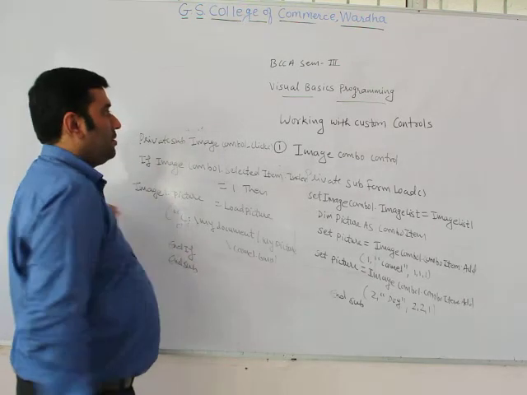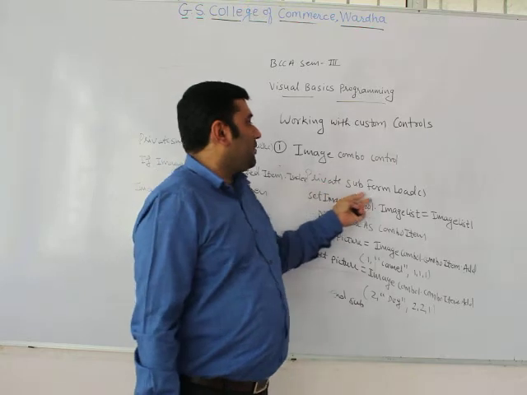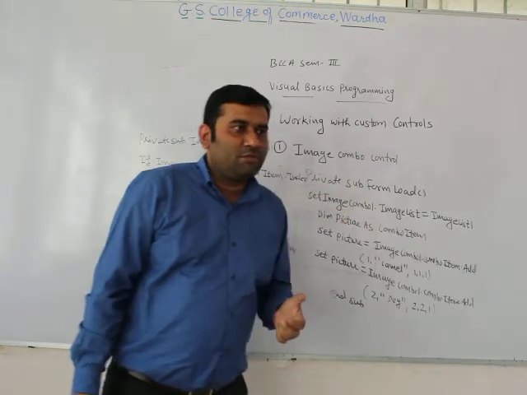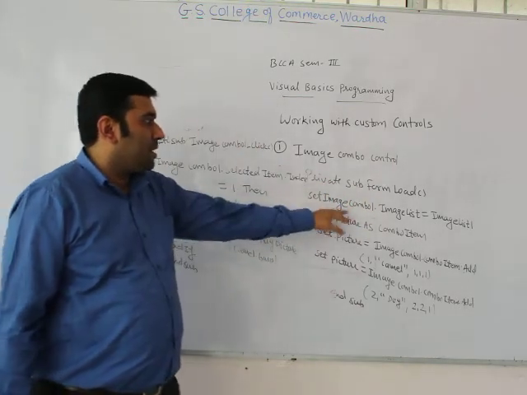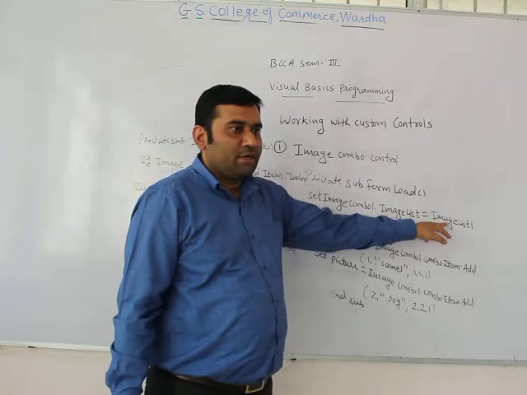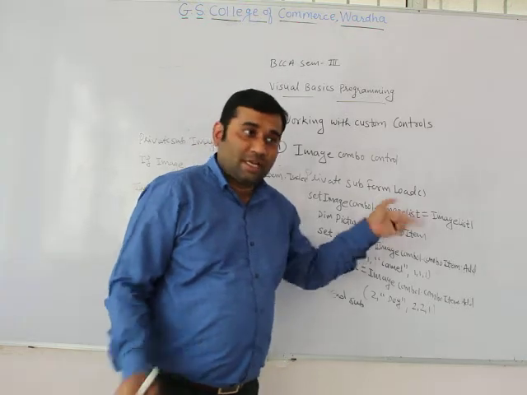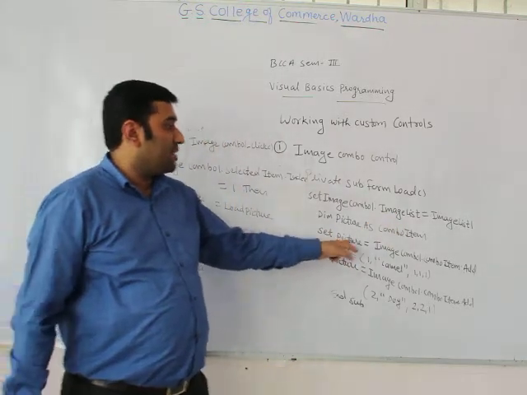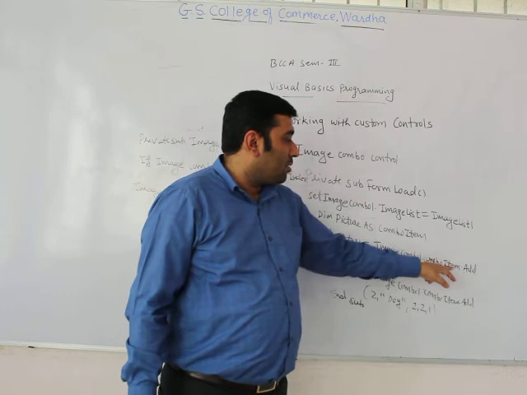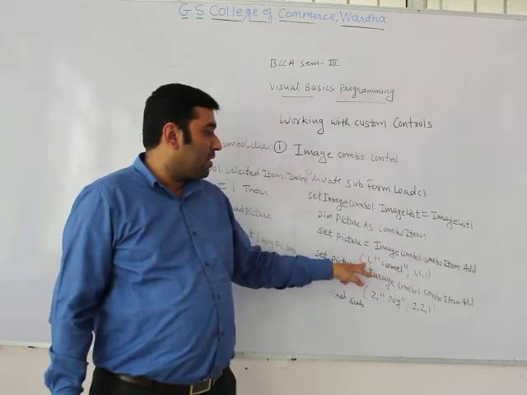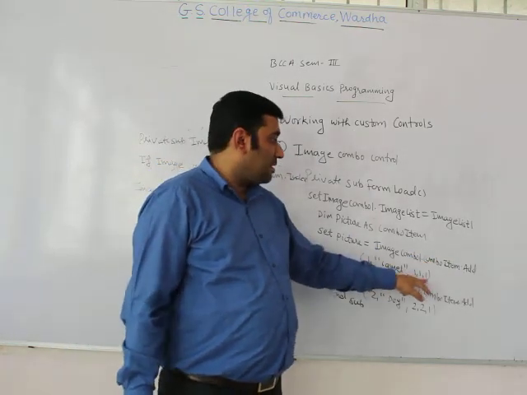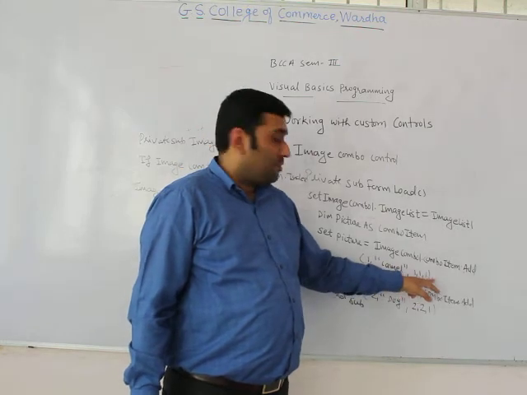In this way, private sub form load, set the image combo 1 and their image list equal to image list 1. Dim picture as a combo item. Set the picture of the image combo item add and give the 1, the image name and the sequence is 1 1 1.